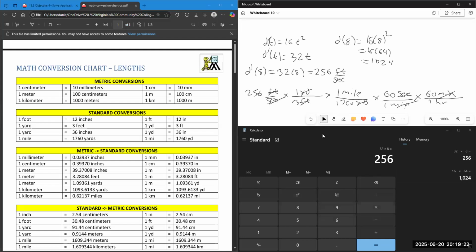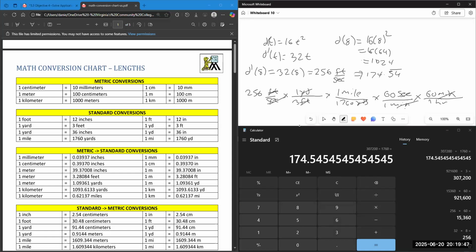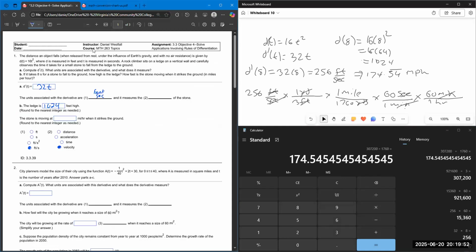So we have 256 times 60 times 60 divided by 3 divided by 1760, which is equal to 174.54 repeating miles per hour. Let's go back and look at our instructions. It says to round to the nearest integer as needed. So that's approximately 175 miles per hour.